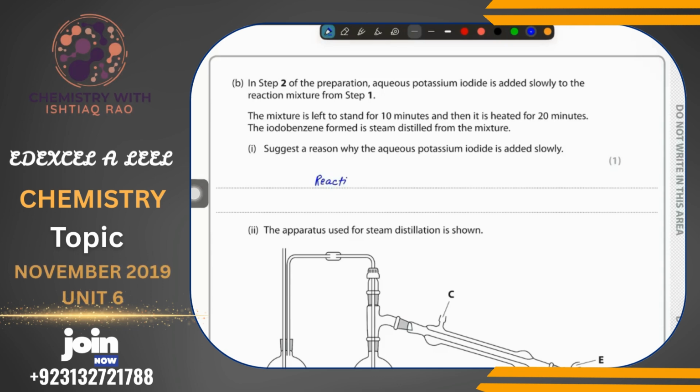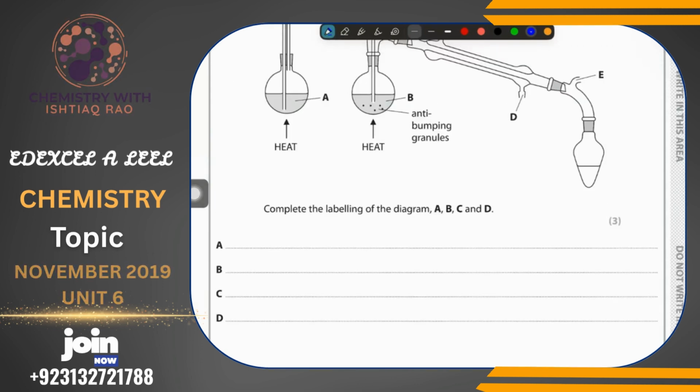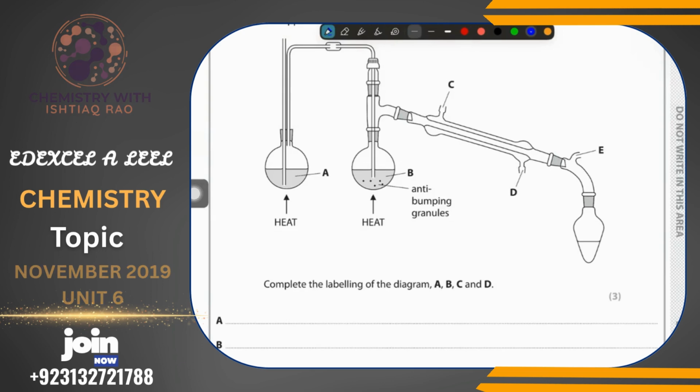The reaction is vigorous, that's why we add potassium iodide in a slower manner. This is so easy.